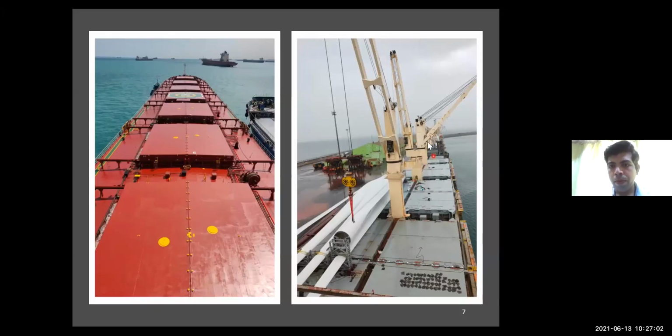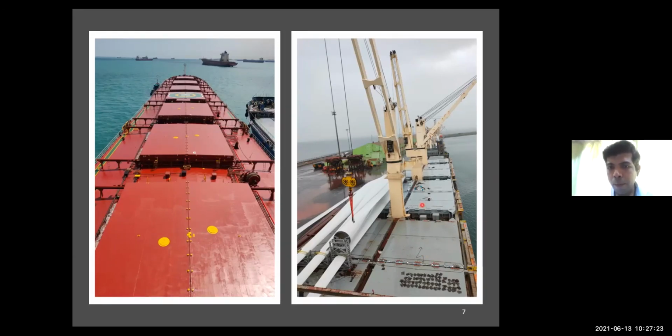It has 4 cranes, you can see over there, and there are different types of cargo like rubber ingots, paper pulp, and plywood. All these things are loaded inside the compartment. I am pointing out these particular areas.